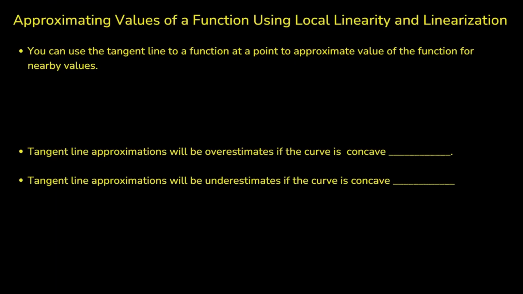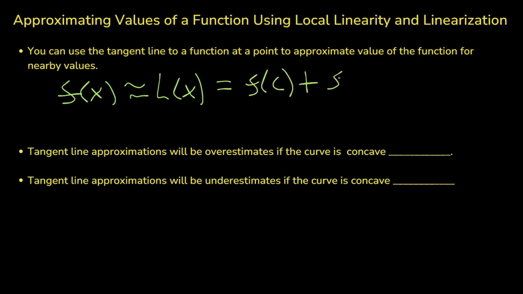Then we talked about approximating values of a function using local linearity and linearization. So this is the idea that you can use the tangent line to a function at a point to approximate the value of a function for nearby values. f of x is approximately equal to the linearization of x, which is equal to the tangent line equation, which is going to be f of c plus f prime of c times x minus c, where the point c comma f of c is where you're making the tangent line.